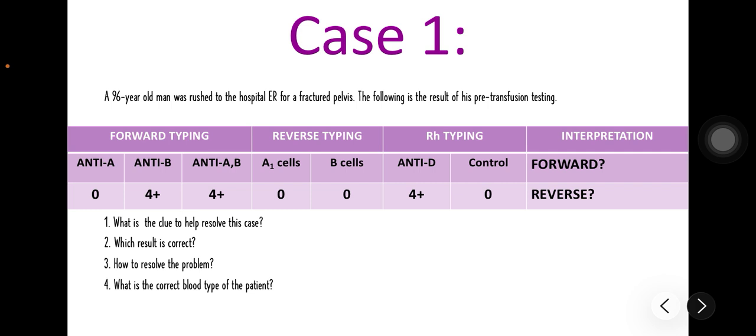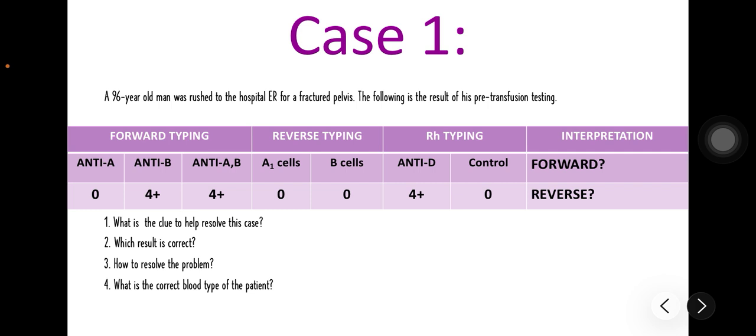So the problem is there is a missing anti-A in the reverse typing. So what's the discrepancy? This is called the group 1 ABO discrepancy, which is linked with weak or missing antibodies. So the forward typing and the reverse typing do not match because the expected antibody, or anti-A, is missing. So what's the clue?